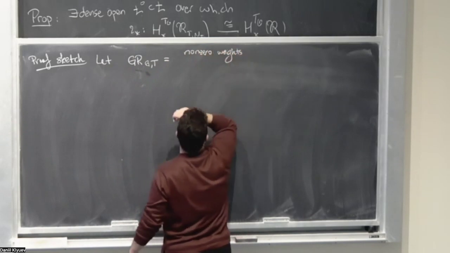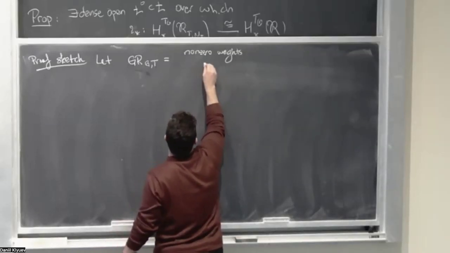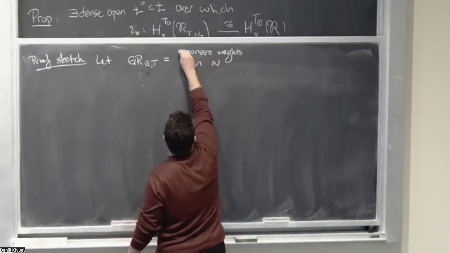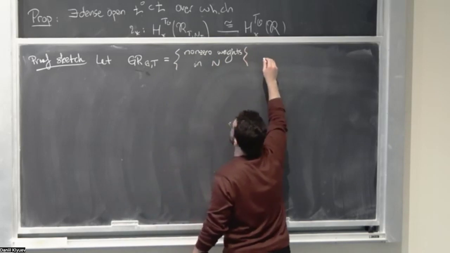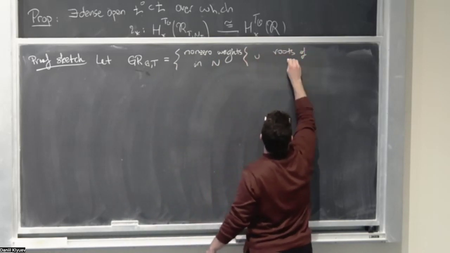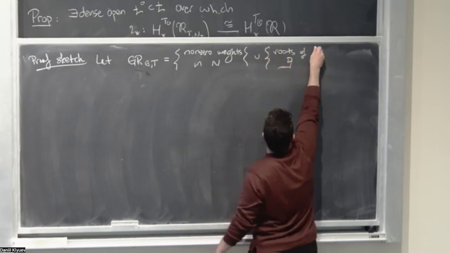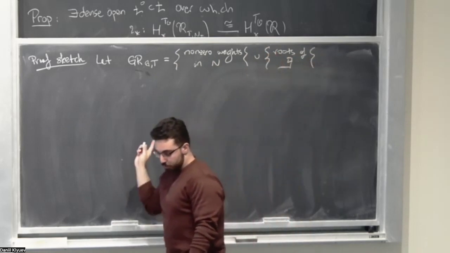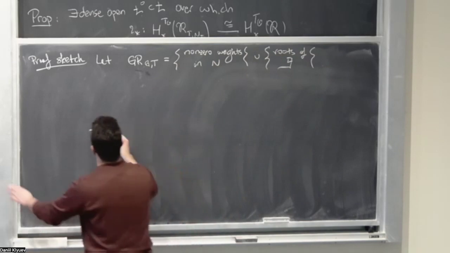There are two types of weights, I guess. There are the non-zero weights in N, and then there are the weights of the adjoint representation in K, the roots. I want to combine them into one thing.